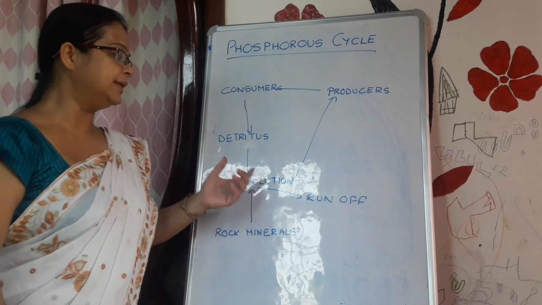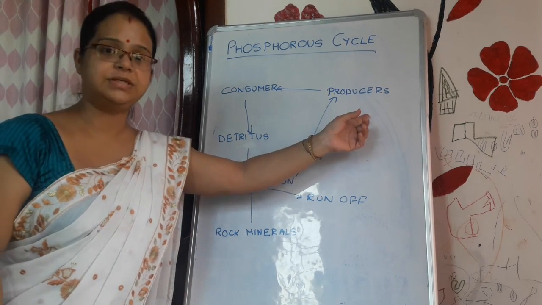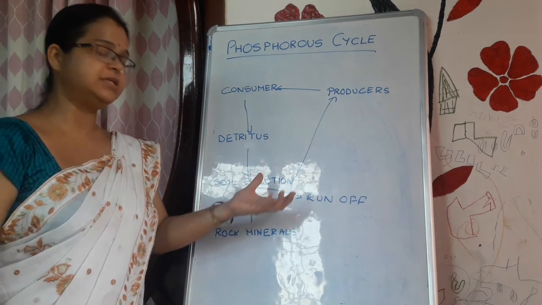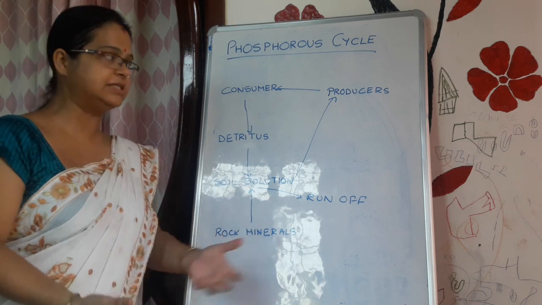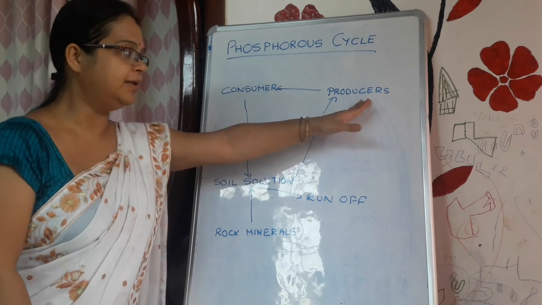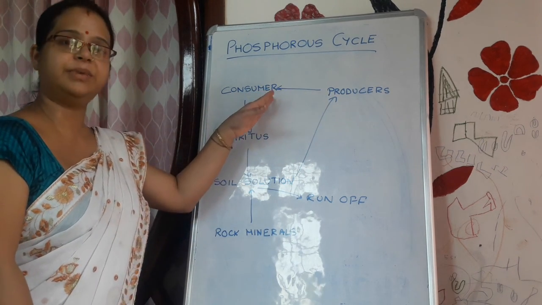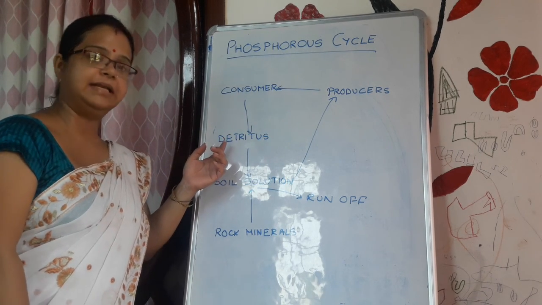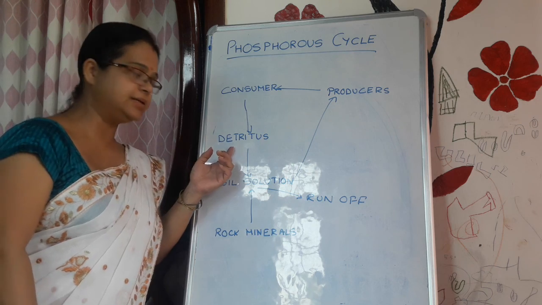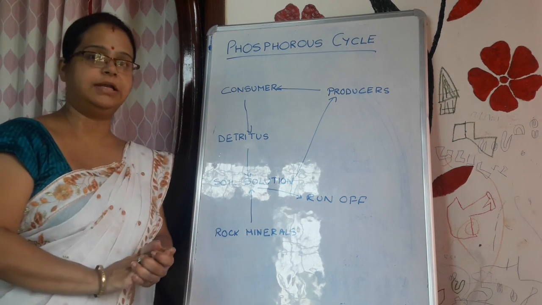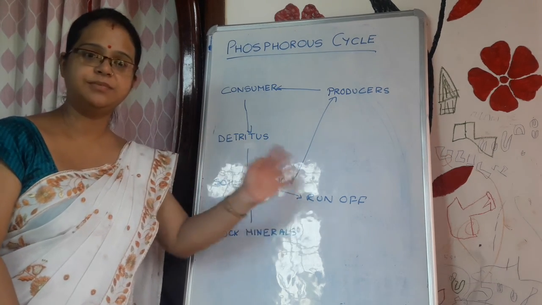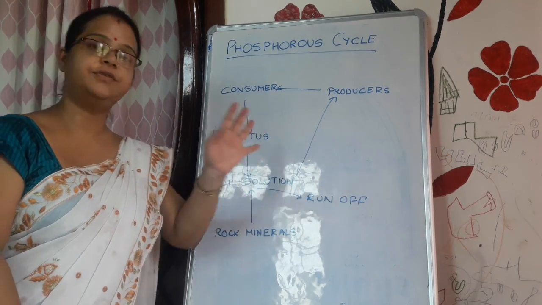From this soil, it is taken up by the producers, the green plants, which absorb the phosphorus during photosynthesis and growth. When the producers are consumed by consumers, it is passed to the consumer. When the consumers die, detritus acts upon them and returns it to the soil again. Sometimes, due to runoff from the soil, the phosphorus is lost.